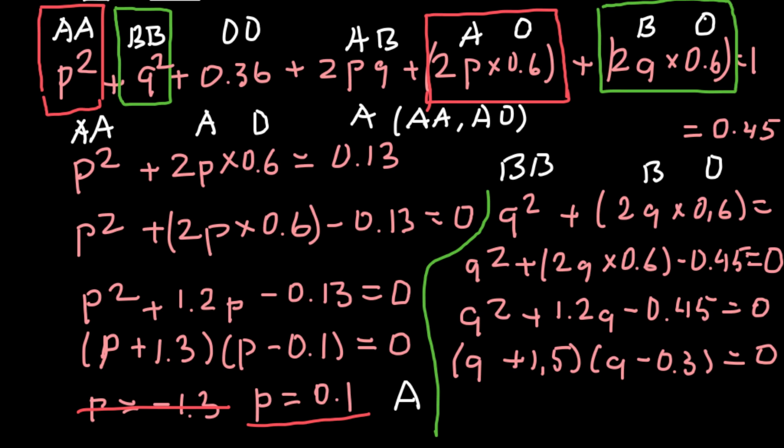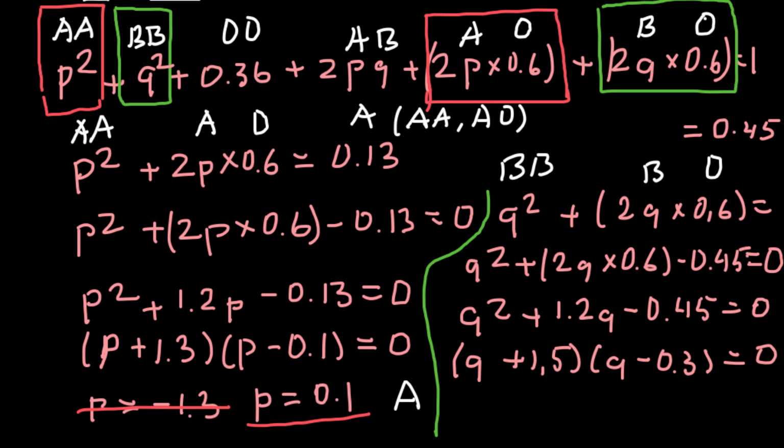So once again, if we multiply Q by Q, Q by minus 0.3, 1.5 by Q, 1.5 by minus 0.3, we are going to get the same what we have here on the top.